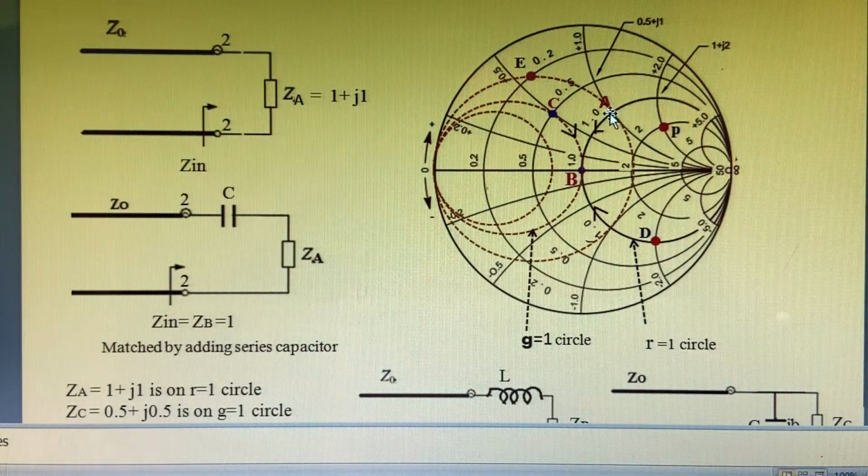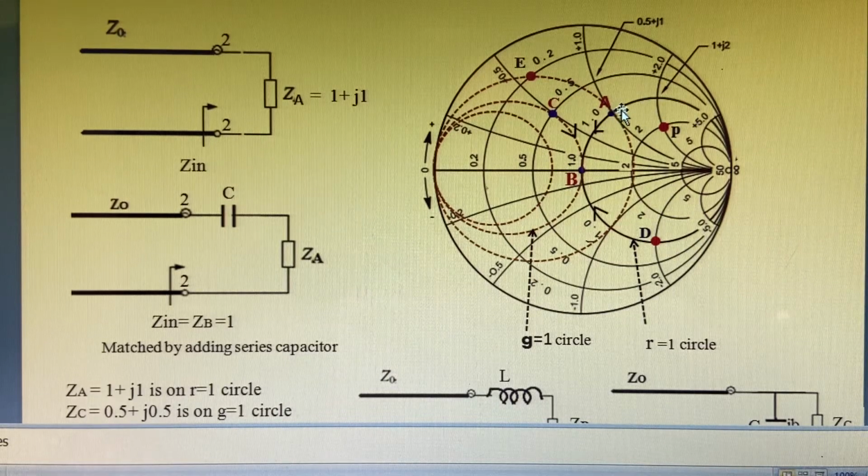So there is no use moving over a conductance circle from A in either direction, because we will not reach the center. Okay, so we have to see now moving on the resistance circle.